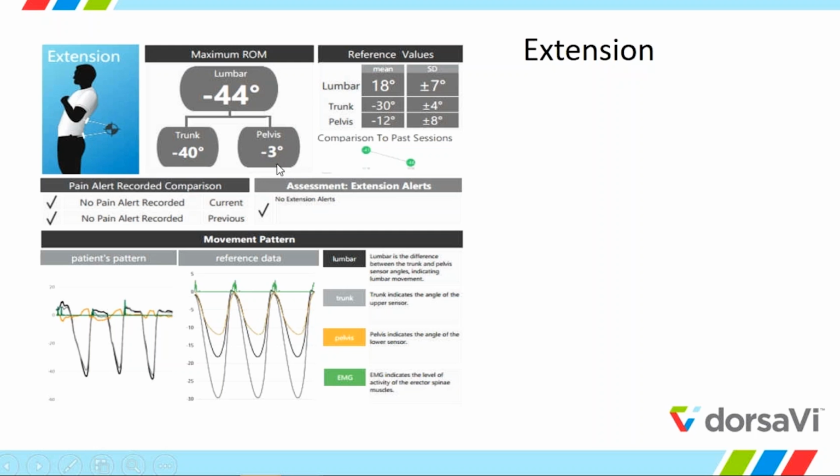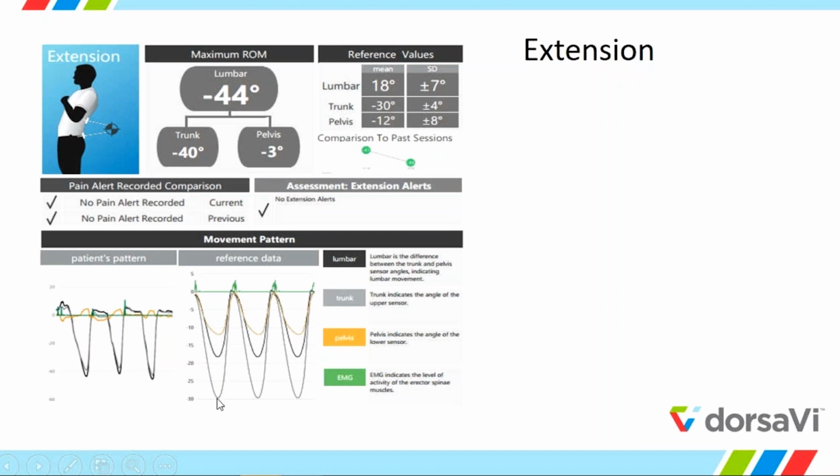So in the middle at the bottom, you see the reference data, and it should be minimal EMG activity, which is something to note. That green line is pretty flatlined, and then as you go down, you'll get the yellow line, which is the movement of the pelvic sensor. The black line is the difference between the pelvic and the trunk sensors, and the gray line is the trunk sensor movement.